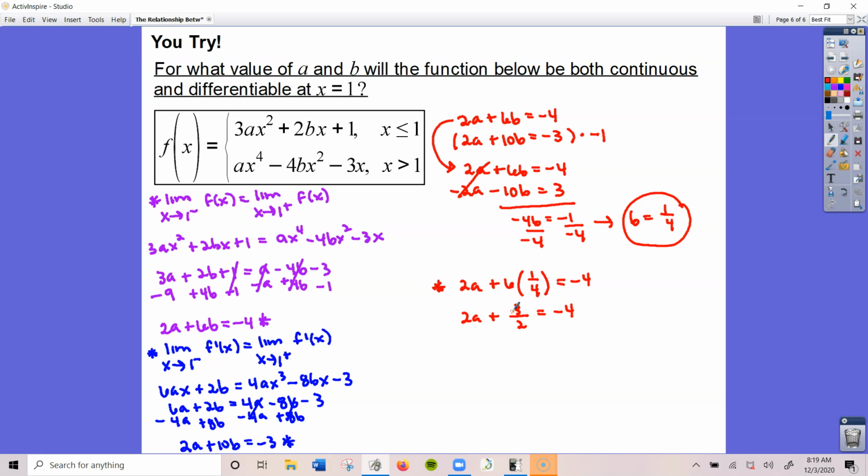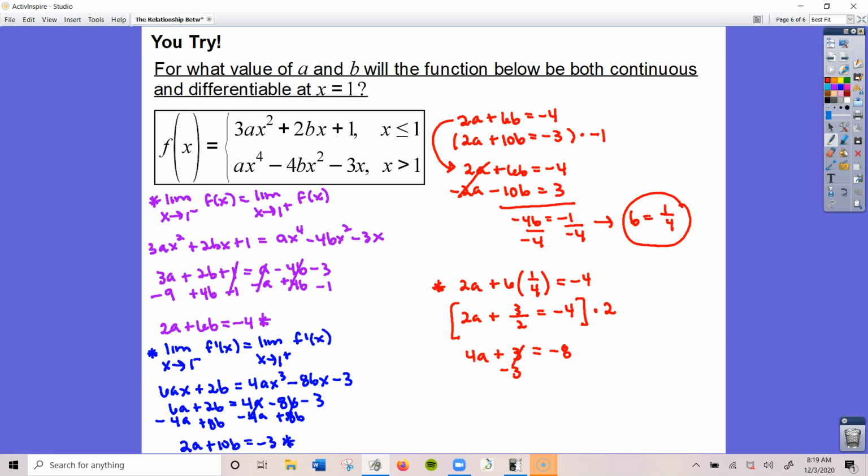I don't really want to work with this fraction. It's not like it's that hard, but I just don't feel like it. So I'm going to multiply this entire equation by 2 to cancel out the denominator, and that gives me 4a plus 3 is equal to negative 8.